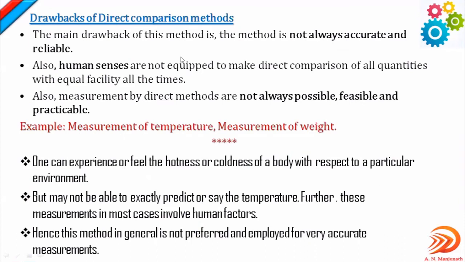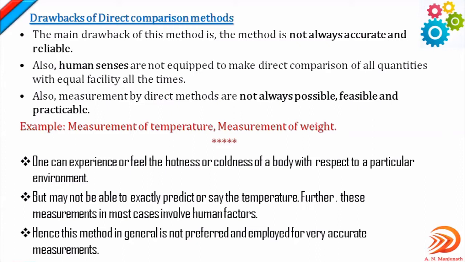Even though direct comparison is quick and easy to use to get the result, it also has some drawbacks. The main drawback of direct comparison is that it is not always accurate. It is not always reliable.